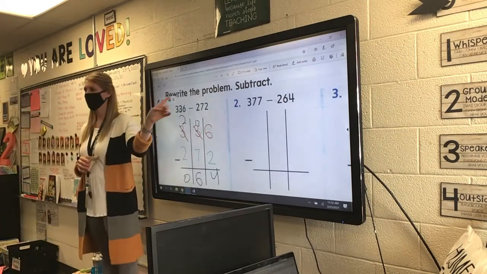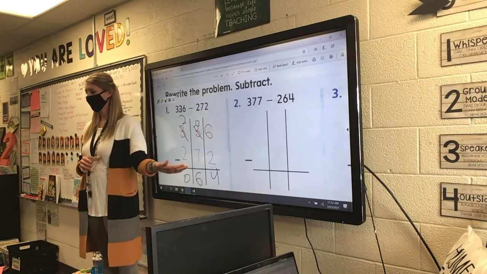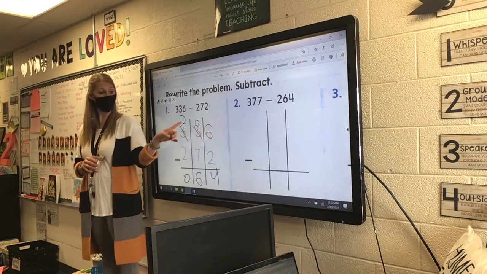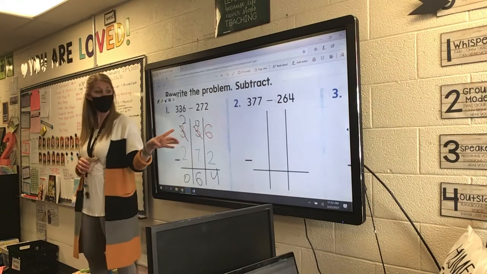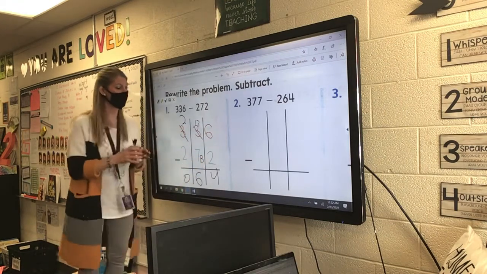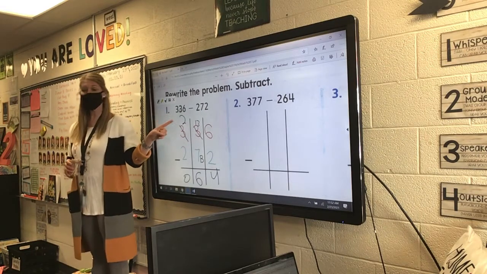you subtracted. 6 minus 2 is 4. Then you went to the tens columns. Carson, can I make sure that you're crossing these off? So Rain said I cannot do 3 minus 7. Bigger bottom. Better borrow. So he went to the hundreds. He crossed that off. That becomes a 2.